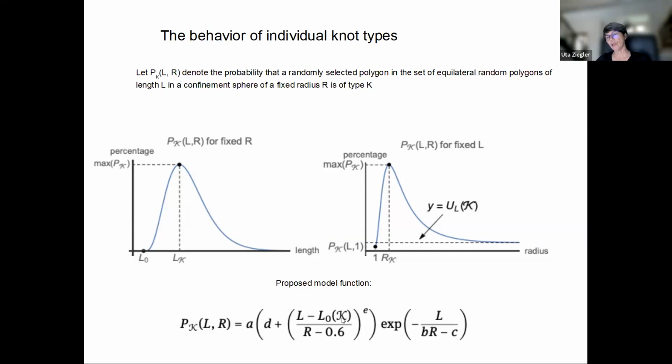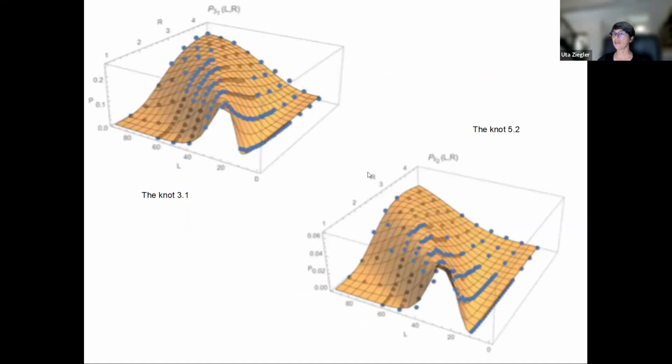Okay, so we actually do make a model. Clearly this is the stick number for the knot. But we do not have one value of A, D, E, B, and C for every knot. We have these for a particular knot. I don't have an example here, but for the trefoils and for the 5-2, these parameters are different.